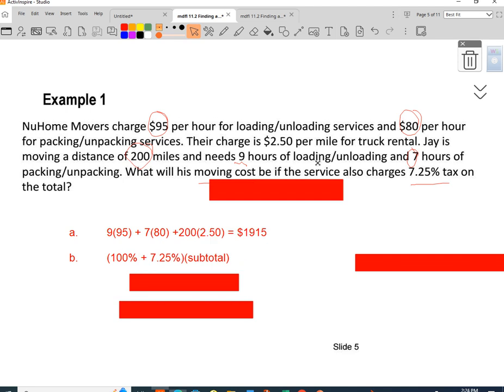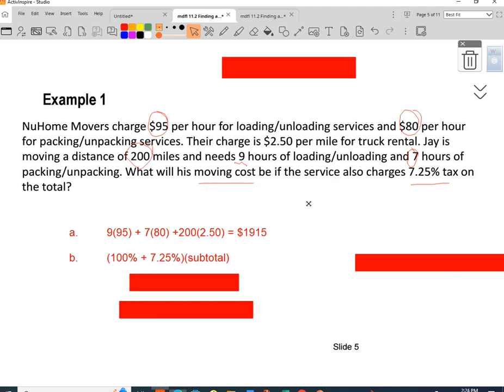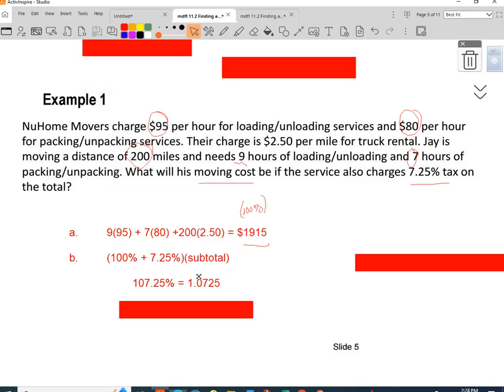Now, that's not everything he has to pay for. He's also got to pay tax on this. So we're going to figure out a little shortcut way to find the tax. 100%, so he's got to pay the $1,915. That represents 100% of his moving cost, plus 7.25% more, right? So that would be 107.25%, but we're going to use a decimal version.